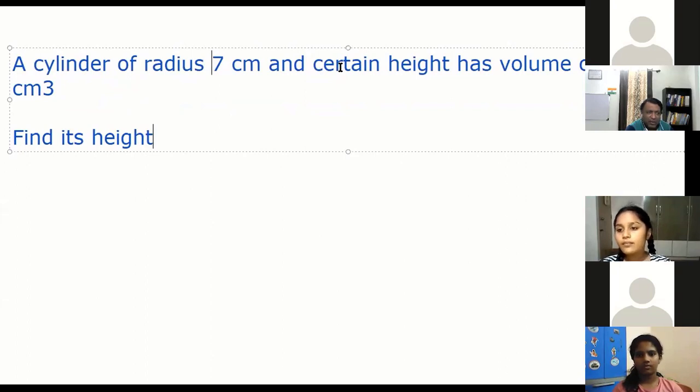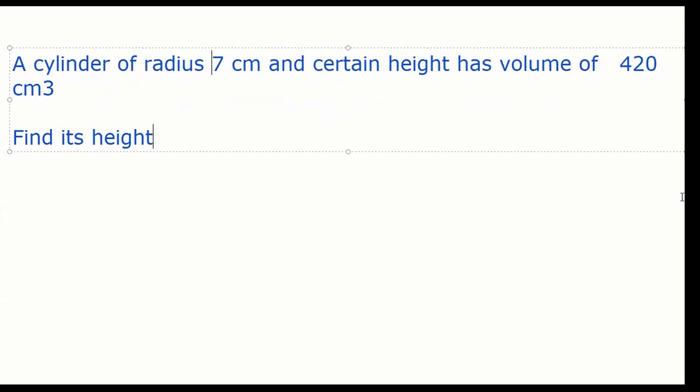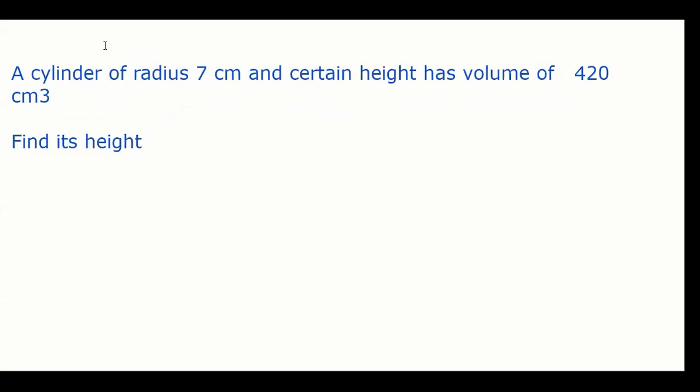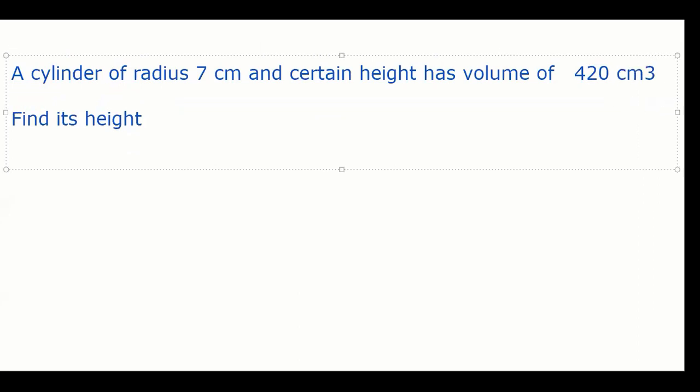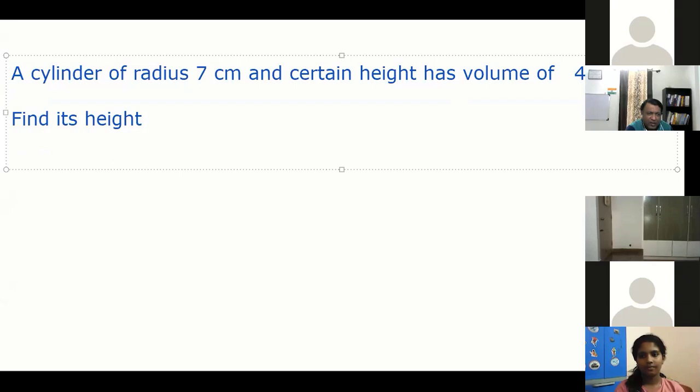A cylinder of radius 7 centimeters, certain height, has volume of 420. Find its height. How will you find the height? What is the volume of cylinder?